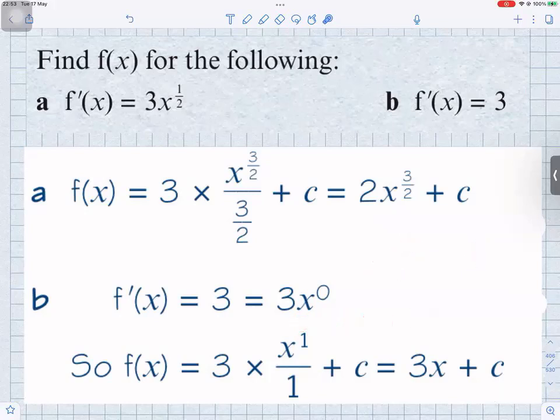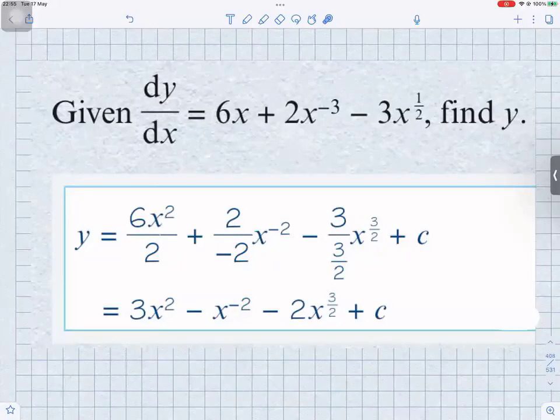So when there's x to the power 0, you add 1 to the power. 0 plus 1 is 1, and you divide by 1. So you have 3 times x to the 1 over 1 plus c. You add the constant of integration. So the best way to remember it is whenever you're integrating a number like 3, just write 3x. If it's 4, just write 4x. That's the way to remember it.